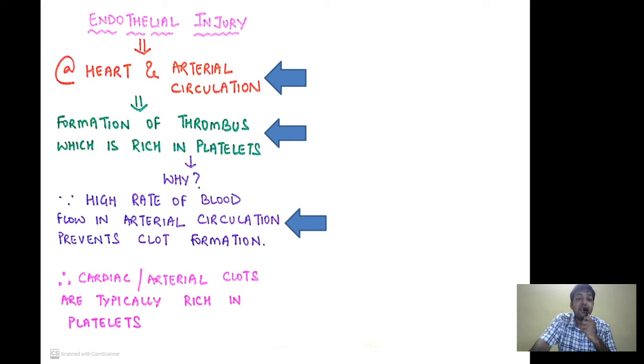The secondary clot, the definitive hemostatic plug, which is composed of clotting factors, that is our coagulation factors, cannot be formed because the rate of blood flow inside the arteries is very high. Therefore we can say that cardiac as well as arterial thrombi or clots are typically rich in platelets. There are very few coagulation factors, but they are rich in platelets.